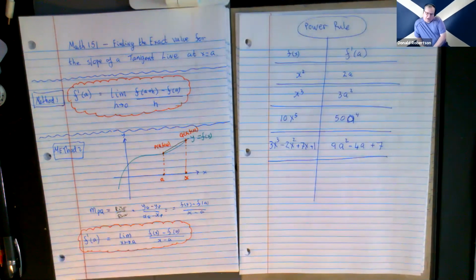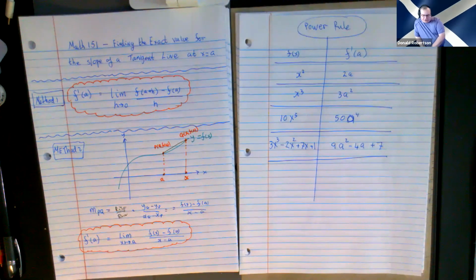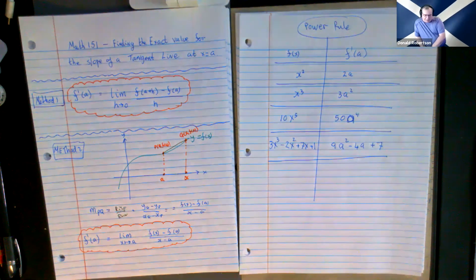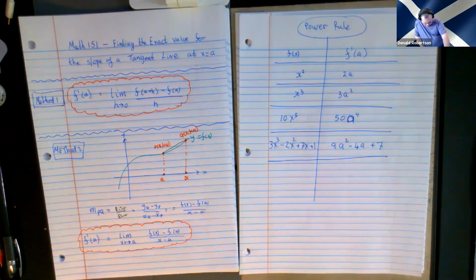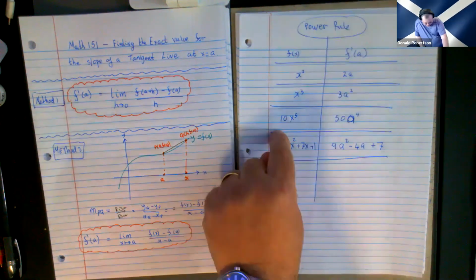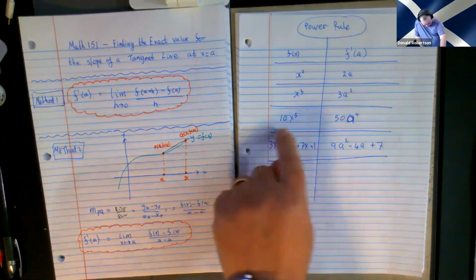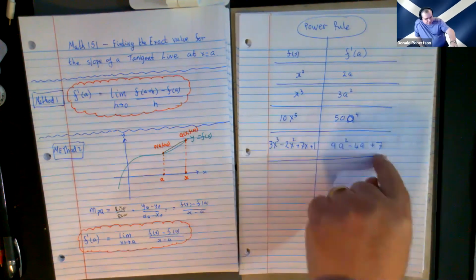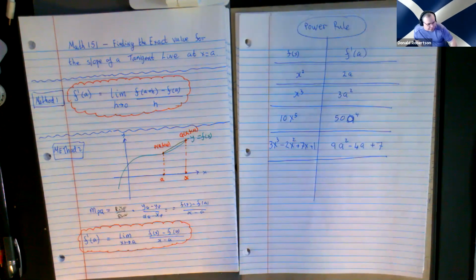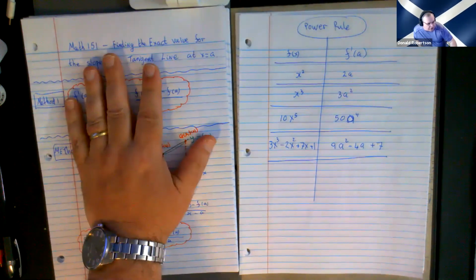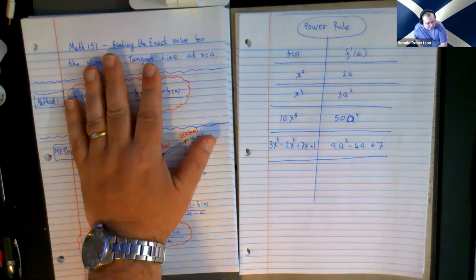You look at those and you scratch your head and you say, there's a pattern here. There's something going on here. And if I use that pattern, I should be able to figure this answer out without having to spend half an hour doing one of these big long x tends to a or h tends to 0 calculations, right?